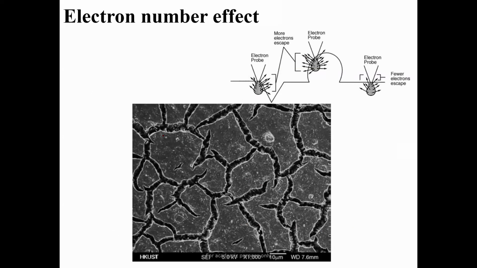The best example is here. Suppose your sample has some kind of grain structure or some kind of inclusion. You can see this brighter line. This is because they have a valley, so the number of electrons coming out of this is larger than from the flat surface. That's why the flat surface is looking dull, and these are bright.